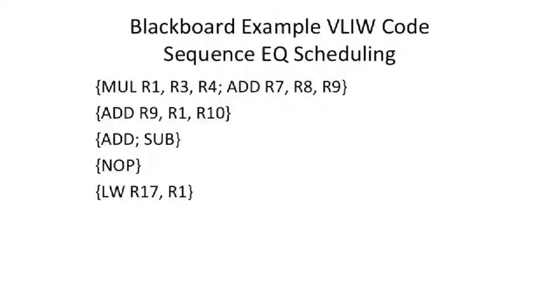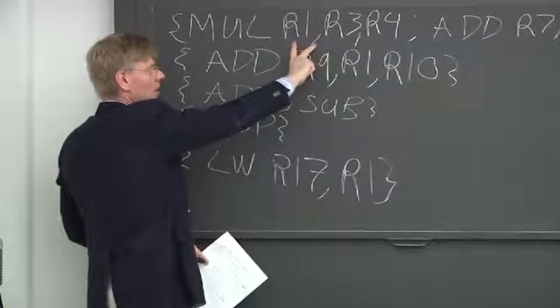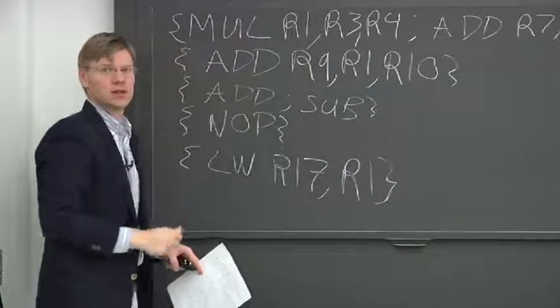problem. If we were to try and take the same piece of code and run it in an LEQ model, the main difference is this add here, which reads R1, would not be allowed in the shadow here.